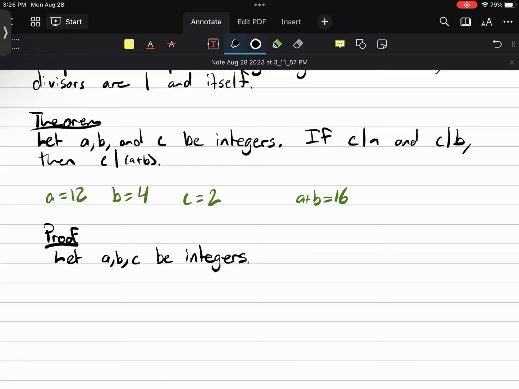Our goal is always, if the hypothesis is satisfied, we want to be able to determine the conclusion is true. So we get to assume the hypothesis, assume the if, and then with that information, work our way down to that conclusion. So what is my hypothesis here for that if statement? C divides A and C divides B.